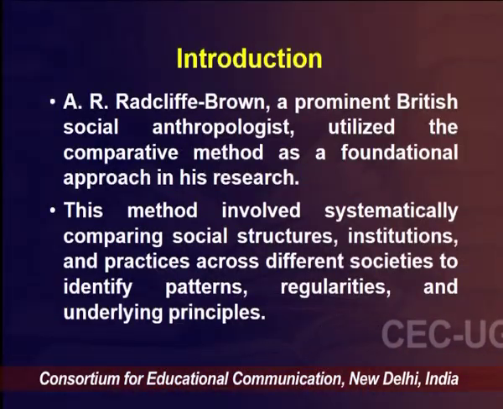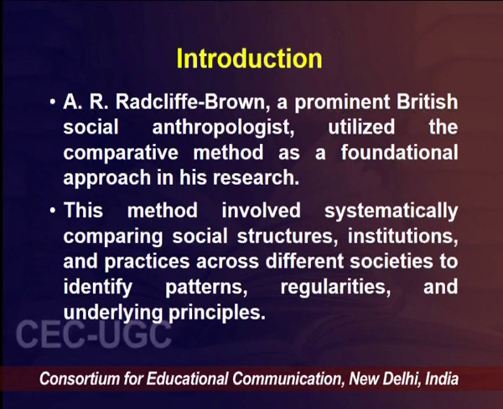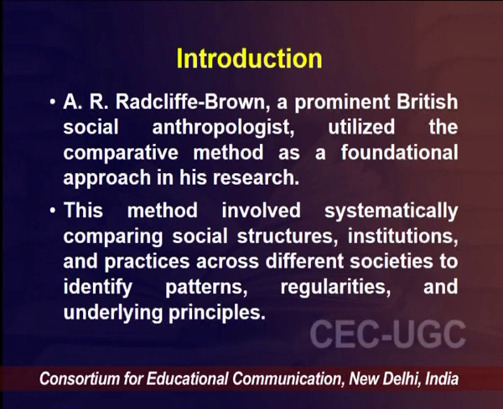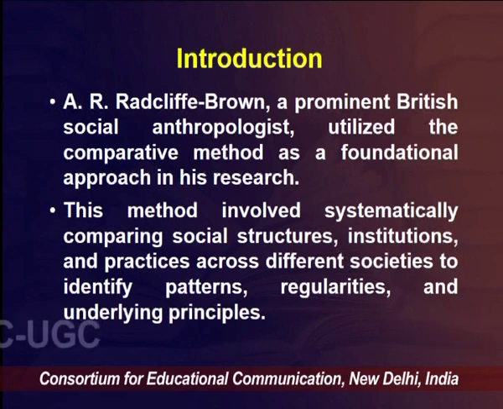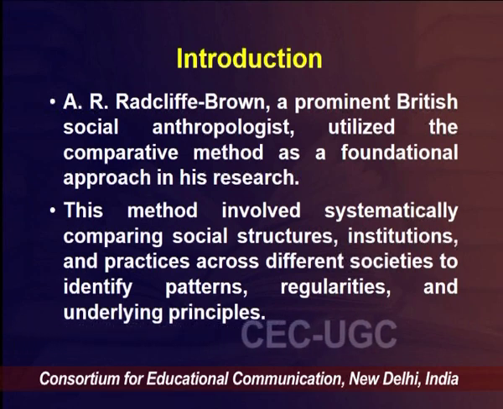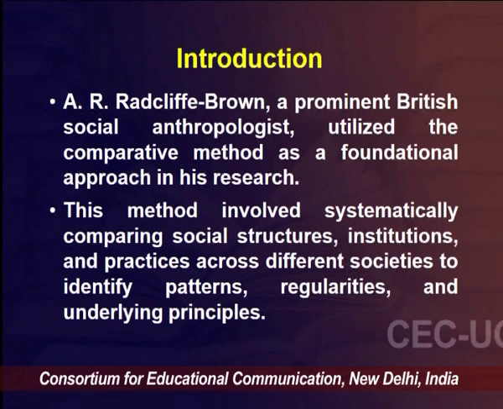So let us look into the third part of comparative method, and here we begin by understanding that A.R. Radcliffe Brown, a prominent British social anthropologist, utilized the comparative method as a foundational approach in his research. This method involved systematically comparing social structures, institutions, and practices across different societies to identify patterns, regularities, and underlying principles.